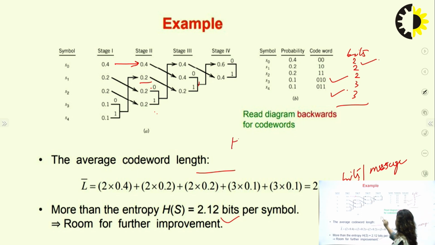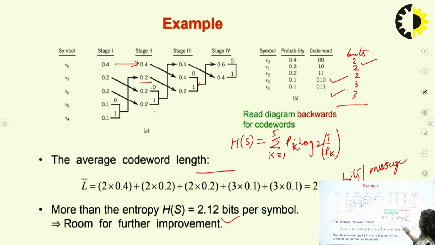For entropy we calculate H(S), summation over k from 1 to 5 messages, pk log2 (1/pk). With this formula, we can calculate the value of the entropy, which comes out to be 2.12 bits.